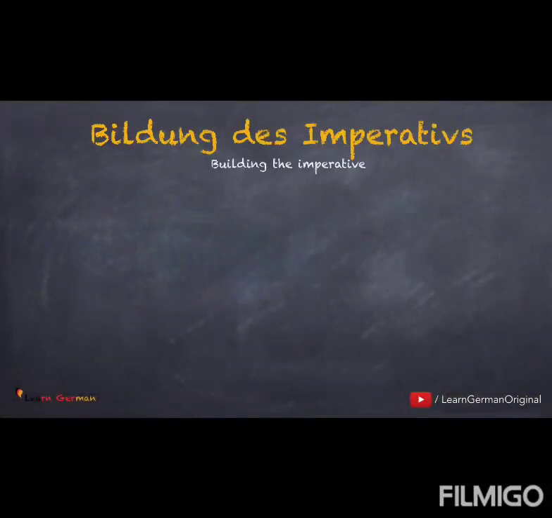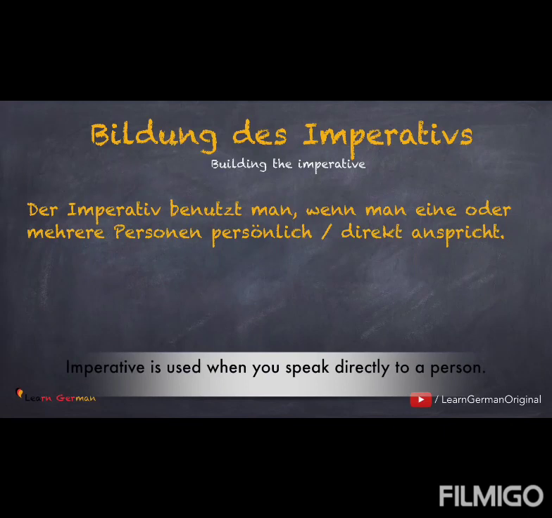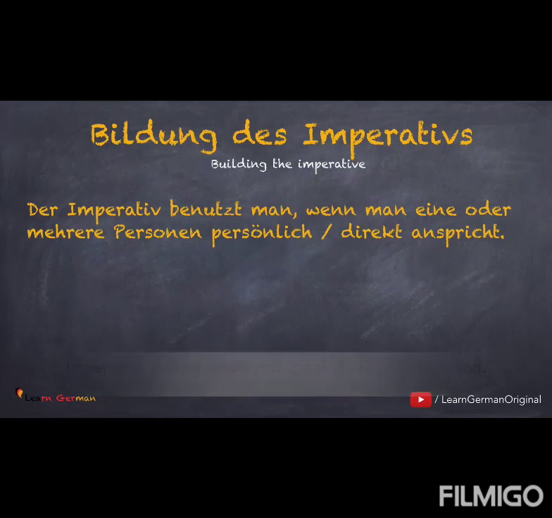Now let's see how to build imperative. Bildung des Imperativs. Imperativ benutzt man, wenn man eine oder mehrere Personen persönlich direkt anspricht. That means when you're talking to one or more people directly, then you use imperative.